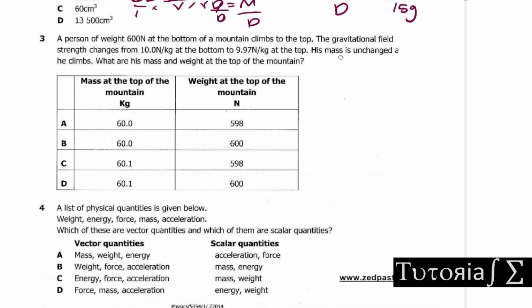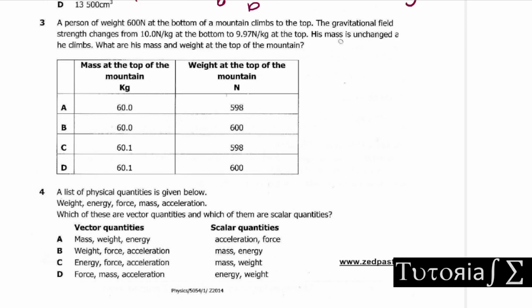We are on question number 3. A person of weight this much at the bottom of the mountain climbs to the top. The gravitational field changes from this at the bottom to this at the top. His mass is unchanged. This is very important: mass does not change.